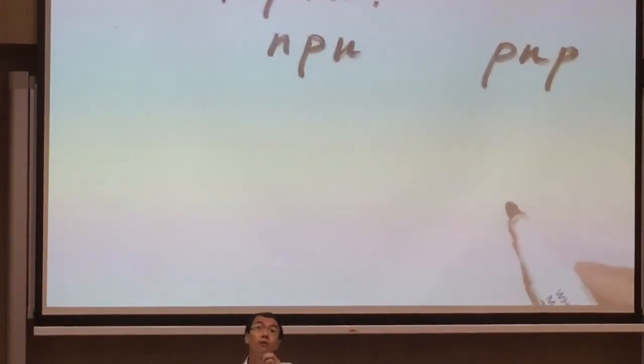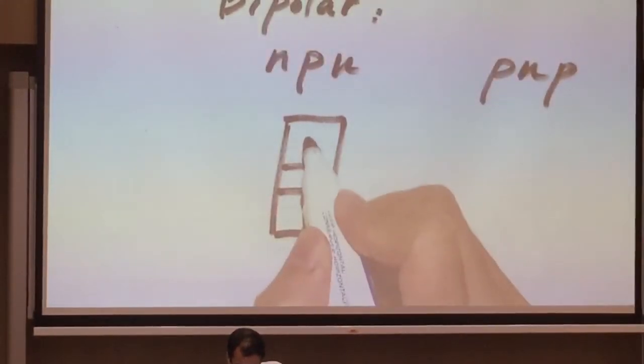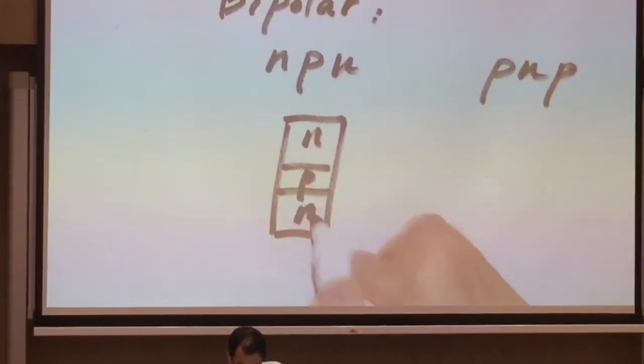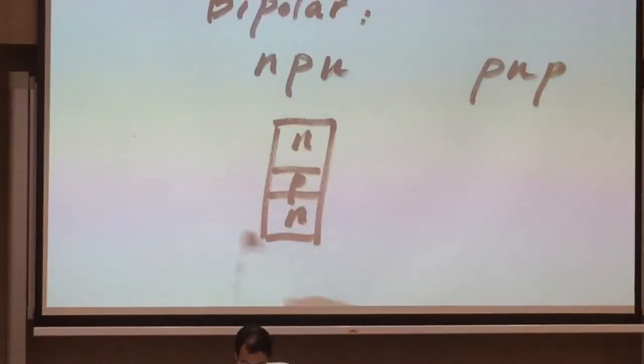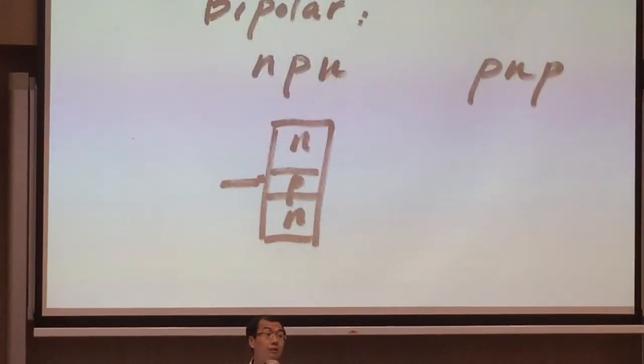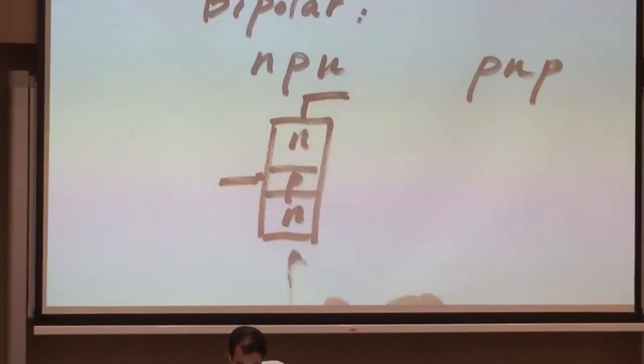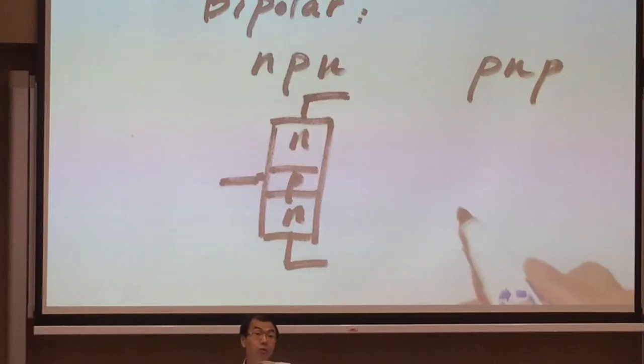From the name, for the NPN, basically it's like you have two diodes, N, P, N. A PN junction is a diode, so in the NPN you have two diodes inside, placed back to back.